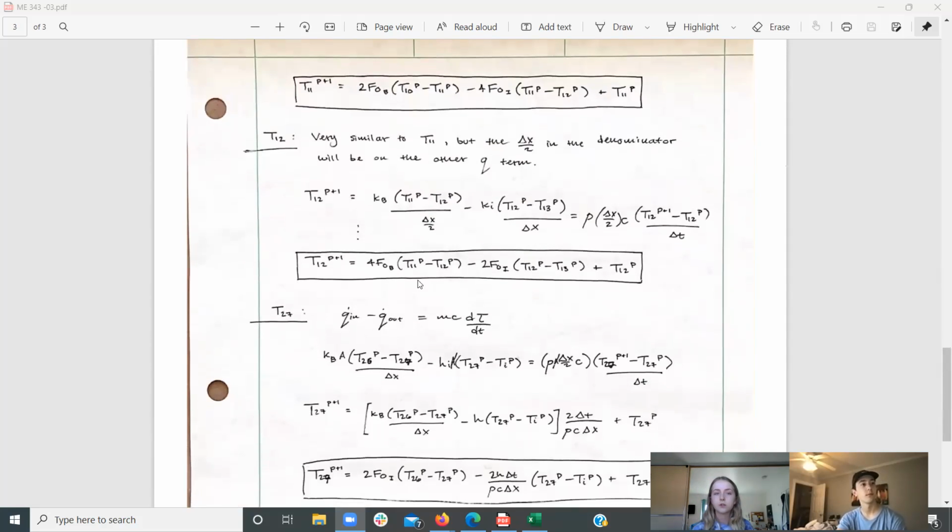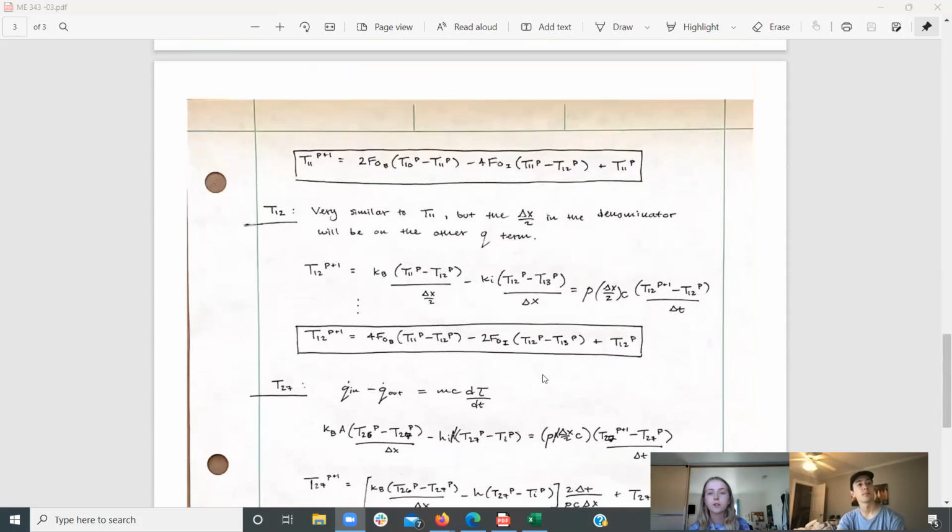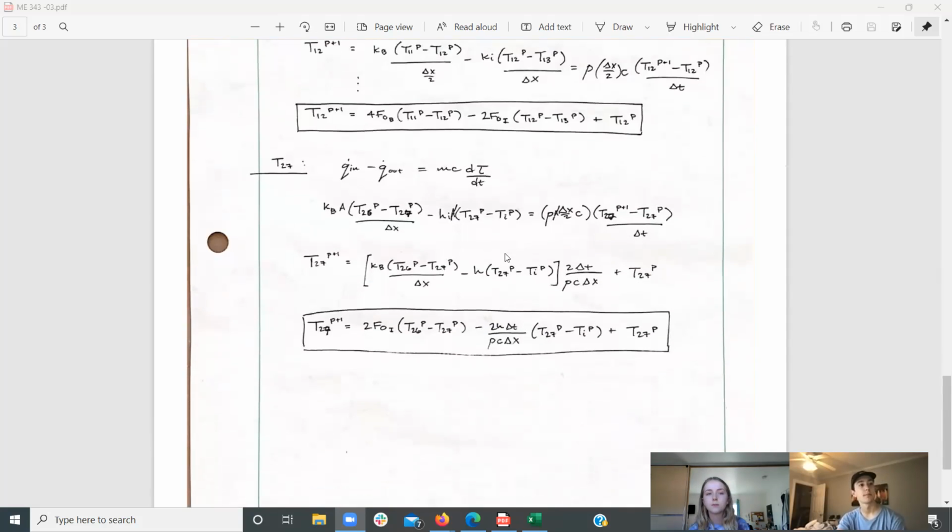And the opposite is true for T12. It experiences conduction over half a node through the brick and over an entire node for the insulation. So they have very similar equations, but slightly different constants. And then the very last node is modeled as experiencing convection on one side, on the innermost part of the wall, and conduction via the insulation part of the wall.